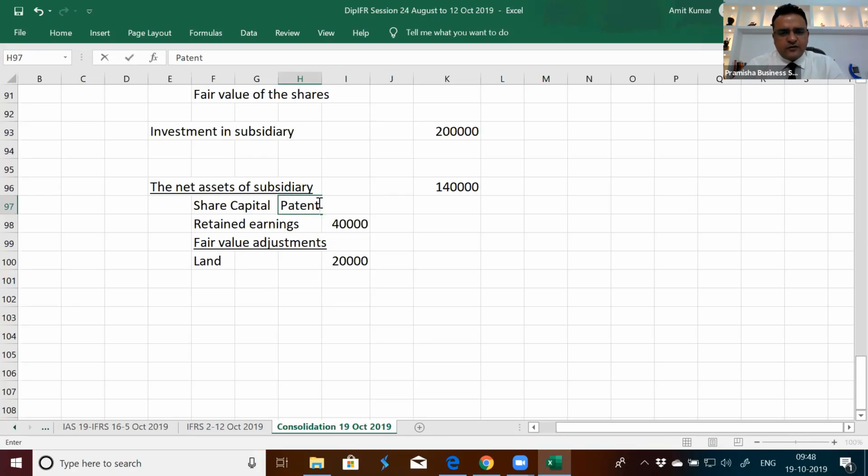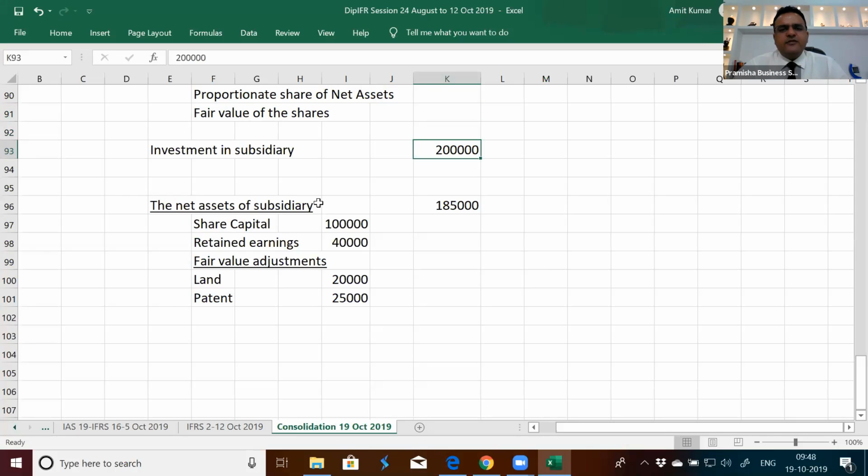Patent got a value for the first time. Patent worth 25,000 was discovered. Even after fair value adjustments, the total value turns out to be 185,000.